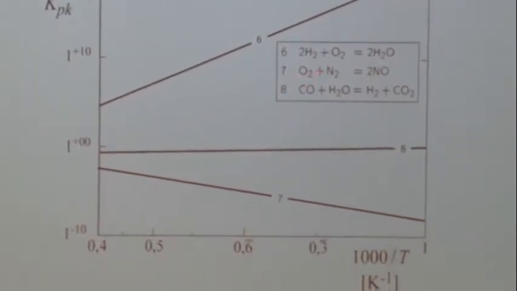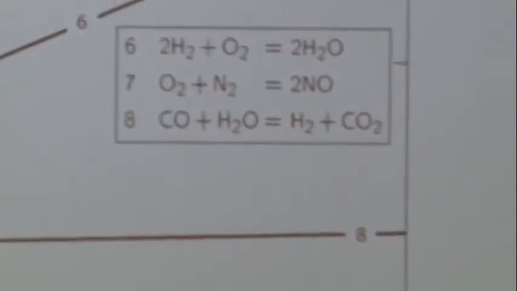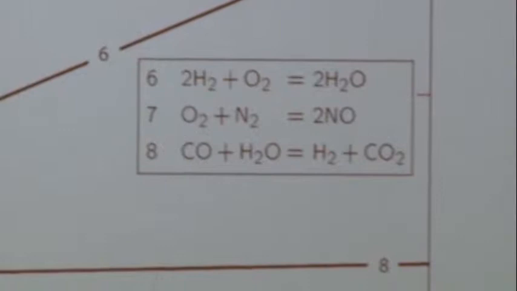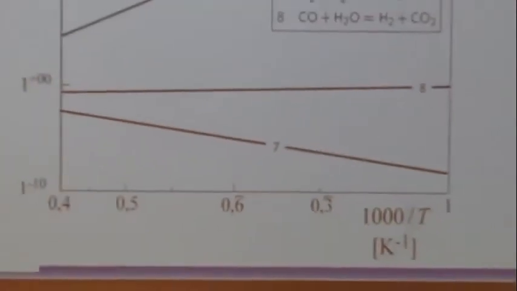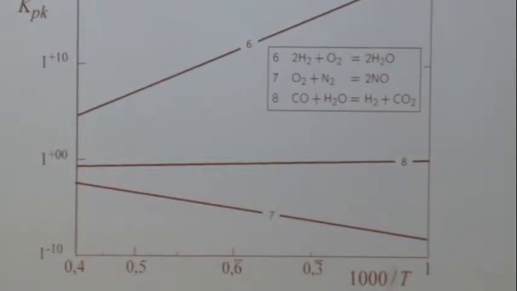Sorry, the third reaction here. That's this nitrogen reaction. O2 plus N2 gives 2NO, and we said this earlier. You see, first of all, even at very high temperature, it's much less than 1. So NO will not be a mass fraction of 1. It will always stay small, but high enough to cause damage.